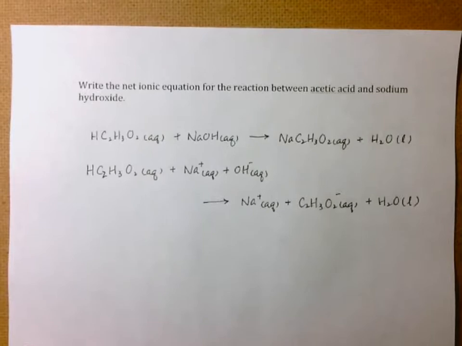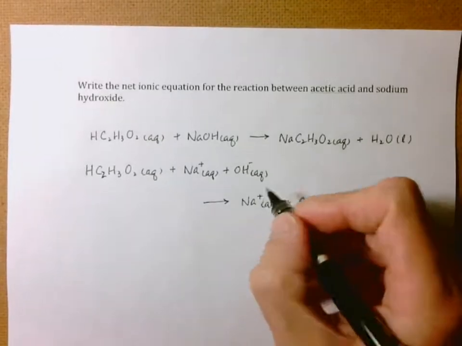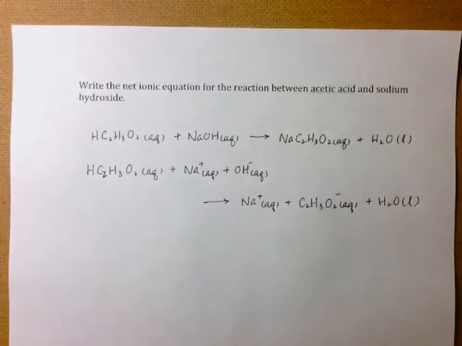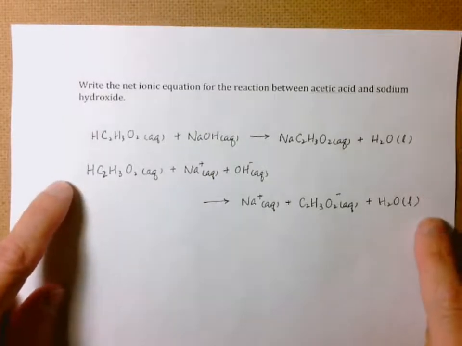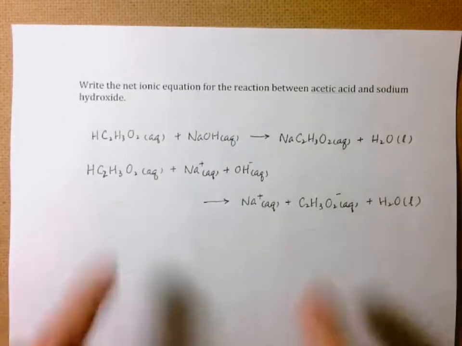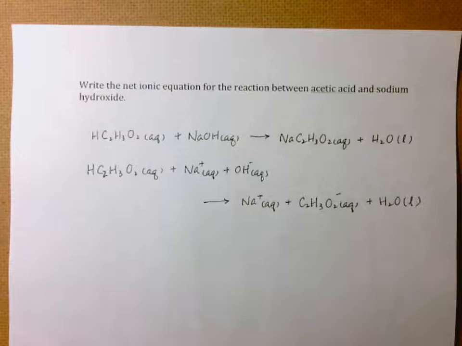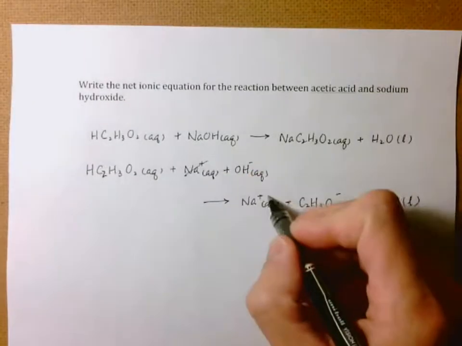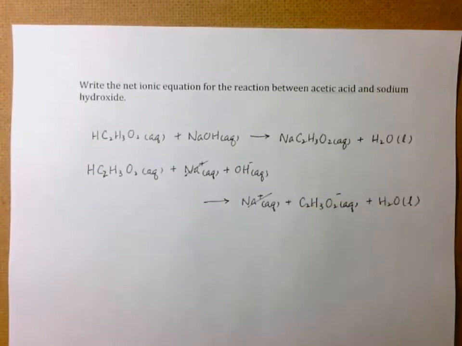So when you try to cancel, and cancel is really a bad word to use, you cannot cancel chemicals because the chemicals are in the solution. Every single piece of this equation is in the same beaker. So instead of saying cancel, I'm going to say that this is unchanged.